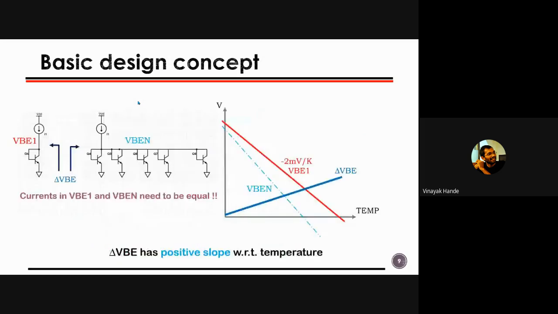Yeah, the current flowing through VB1 and VBN should be exactly matched with each other so that you can design a delta VB which is increasing with the temperature. That is a PTAT, nothing but. Means if you wanted to design a PTAT voltage, you should have two dissimilar transistors having identical current being pumped, right?